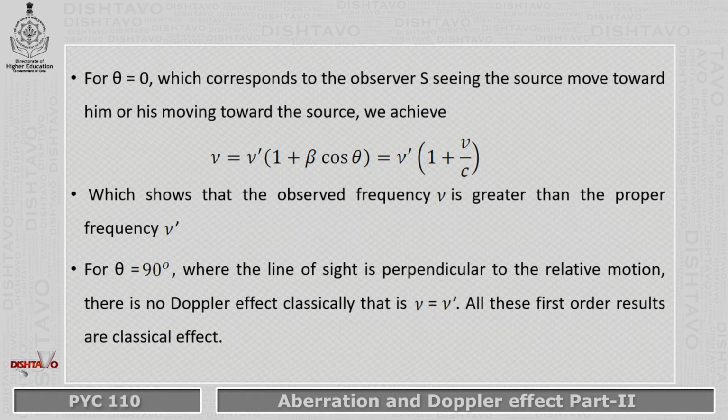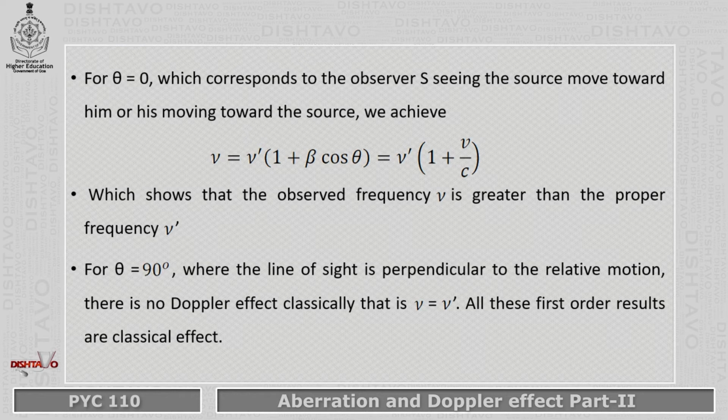This shows that the observed frequency nu is greater than the proper frequency nu prime. For theta equal to 90 degrees, where the line of sight is perpendicular to the relative motion, there is no Doppler effect classically, that is, nu is equal to nu prime.